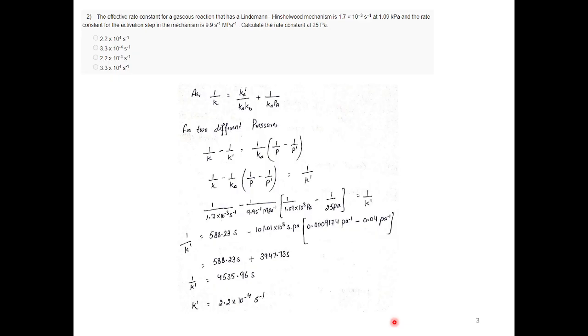So if you look at this problem, the more the rate constant, the less the value of pressure. So pressure and rate constant are inversely proportional.